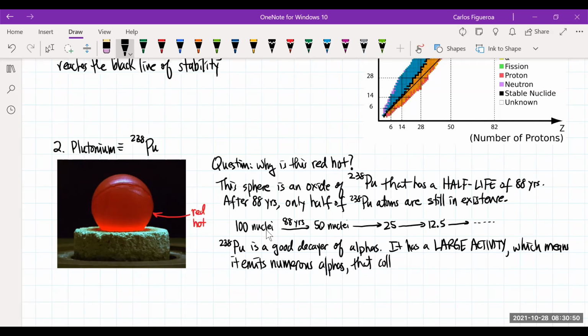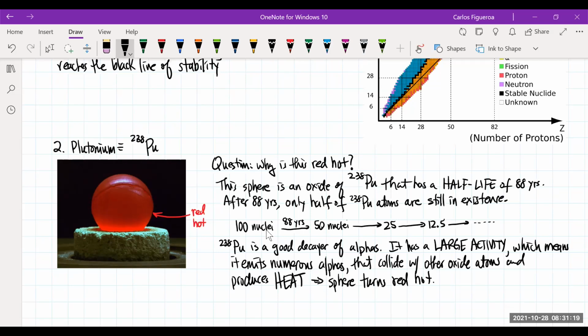That collide with other oxide atoms and produces heat. And as a consequence, the sphere turns red hot.